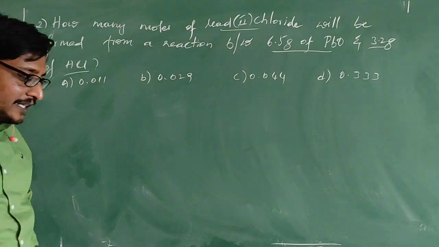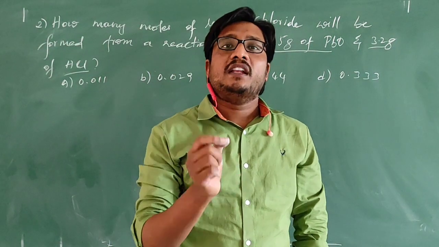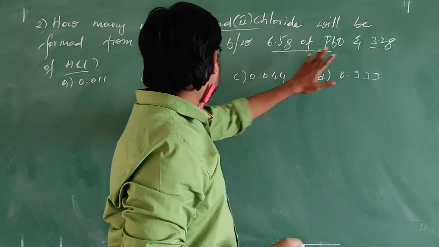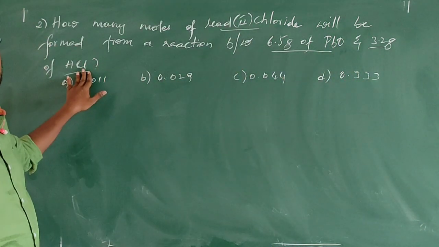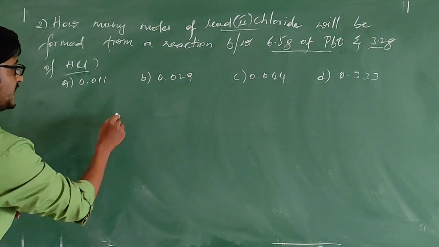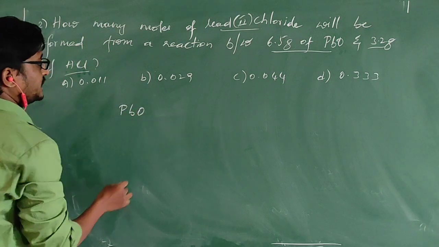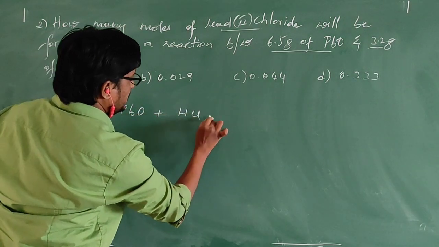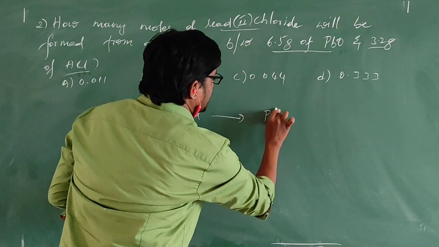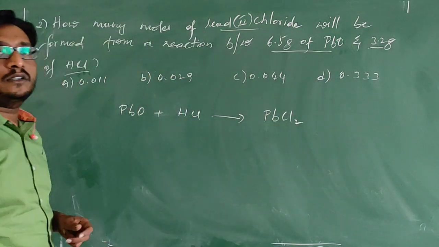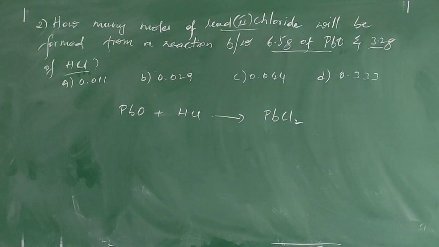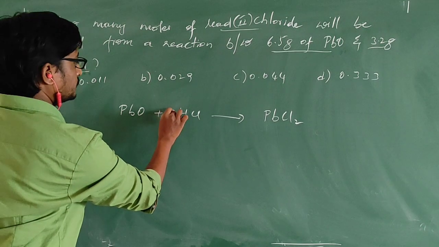In order to know that, first we need to write a reaction between lead oxide and HCl. Let us make the reaction. Lead oxide reacts with HCl, and lead chloride gets produced. Let us balance this reaction.